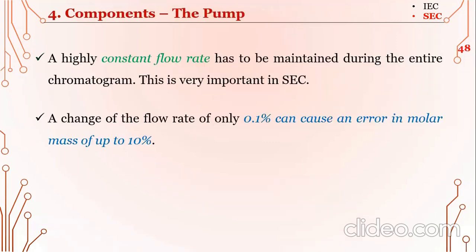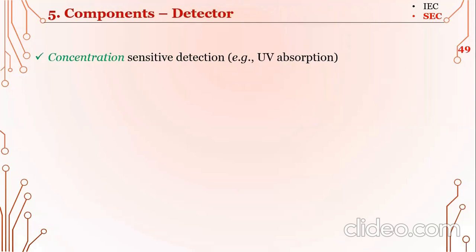And next are the detectors. The detectors are concentration sensitive detectors. There are different detection methods with different chromatographic types. There are different methods of detection, like concentration sensitive detectors. The detector is to detect our results actually.